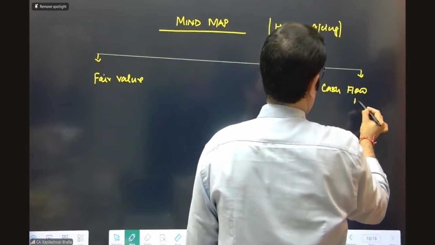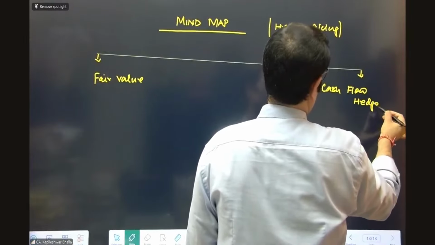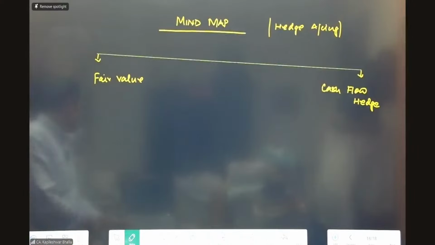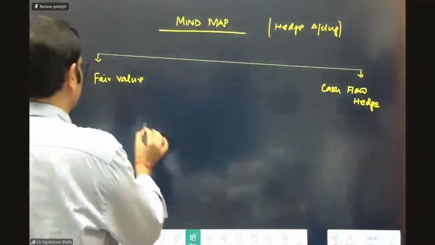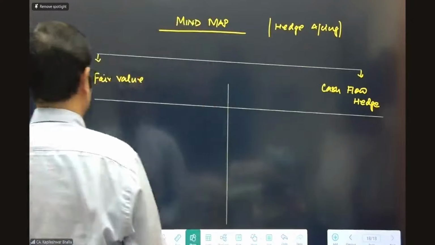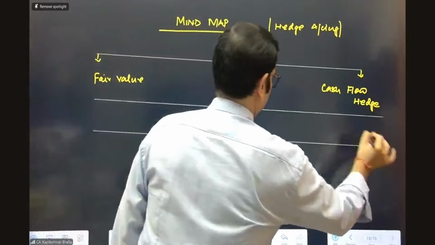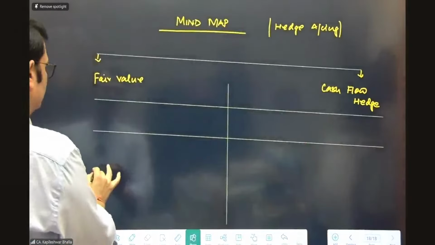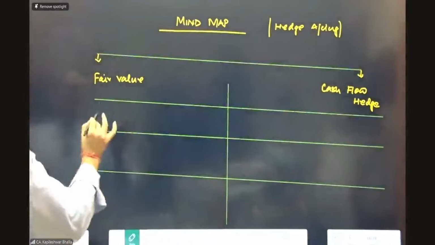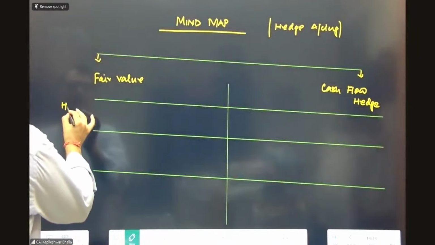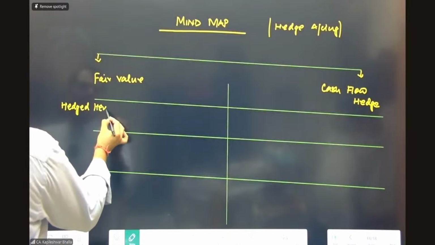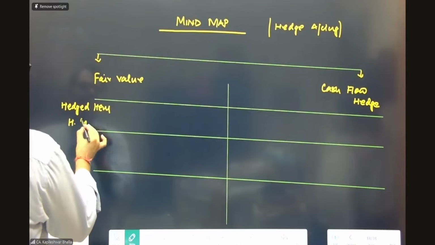And I'll definitely like to put some questions as we make the mind map now, so that we get a comparative picture of the fair value and the cash flow hedge very clear. So my mind is now working in terms of the focus points, entries, you can say at the inception. First, let's put down one thing, hedged item and hedging instrument.